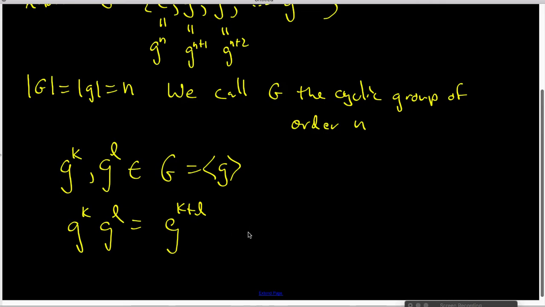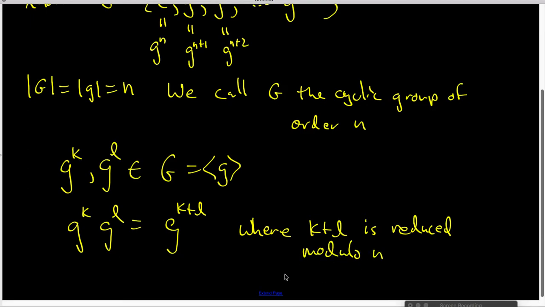The only thing is I can reduce k plus l modulo n. So I want to say that this product is equal to g to the k plus l, where k plus l is reduced modulo n, where that n is equal to the order of the group, and that means the order of the generator.